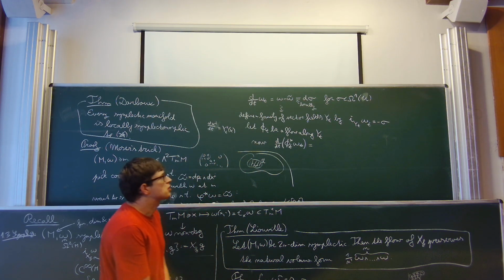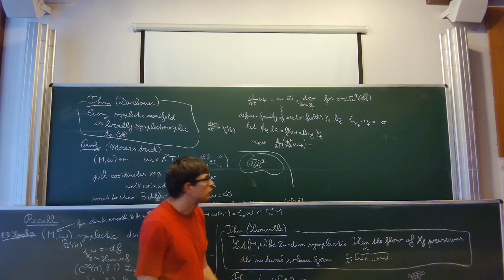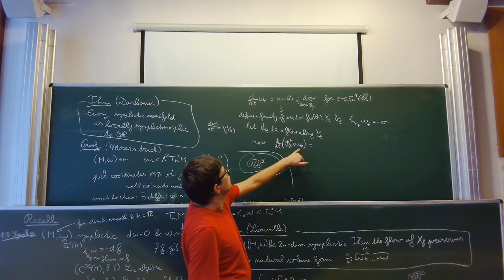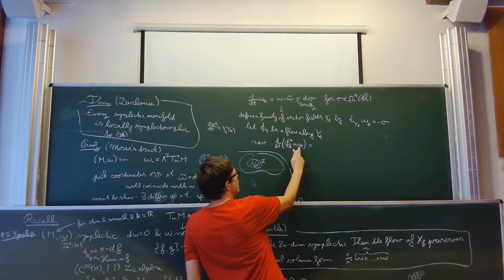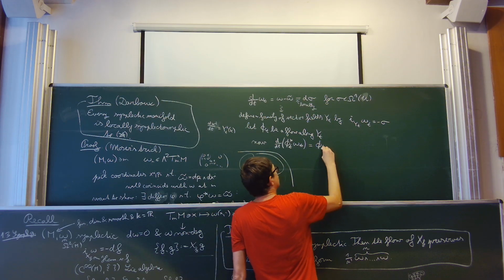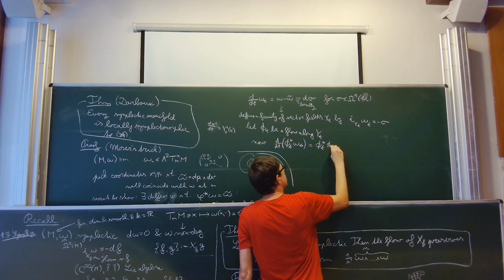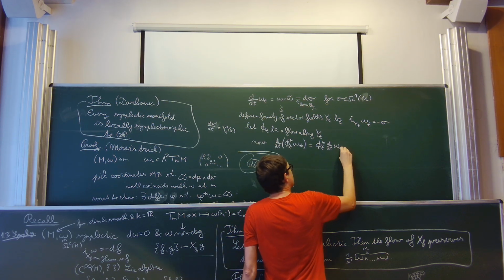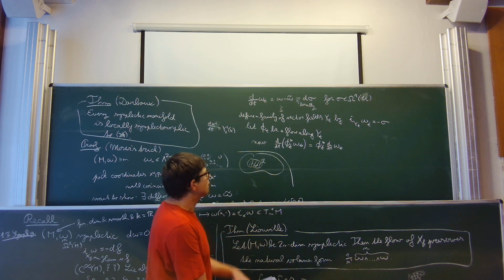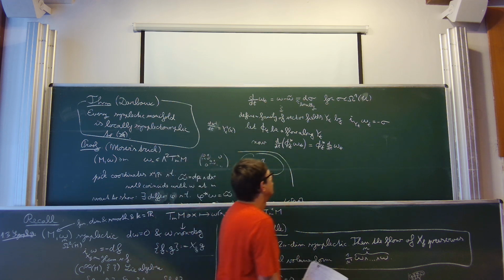Just using the chain rule or Leibniz or whatever, this is the same, but there will be a term where I take phi t star of the time derivative of omega t. And there is a bit when this thing hits the flow.